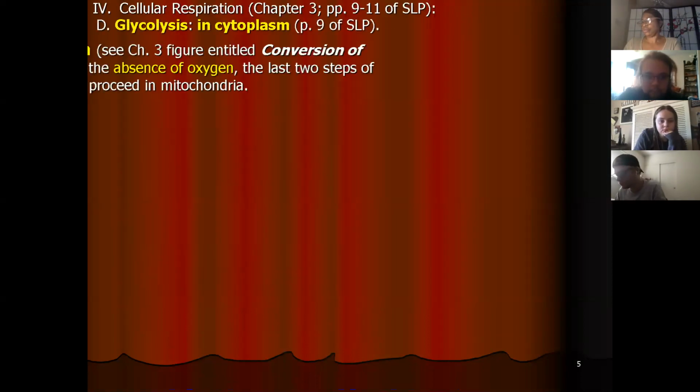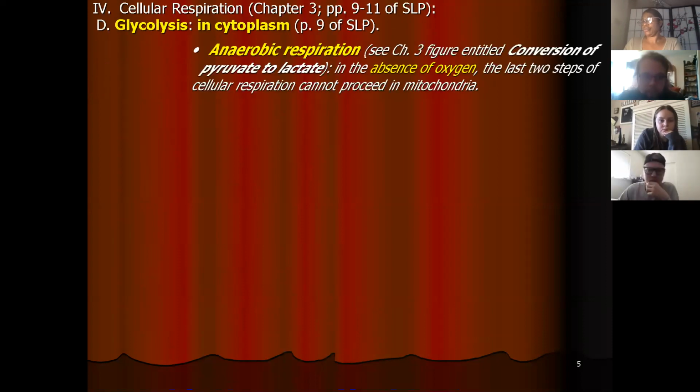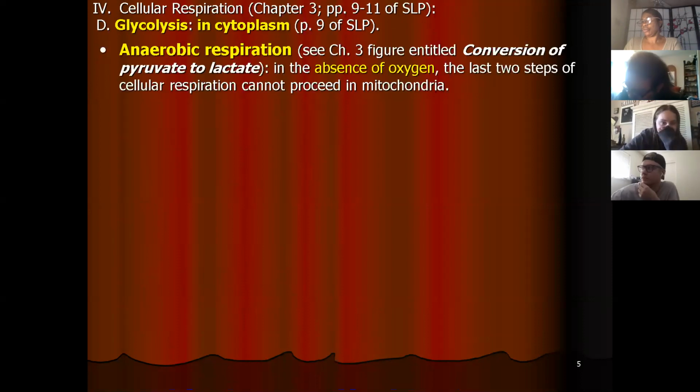Okay, now because this one can be done with or without oxygen, I'm going to have to branch out right here first, just for a second, and talk about anaerobic respiration. And it's really easy because it's only a one step reaction.